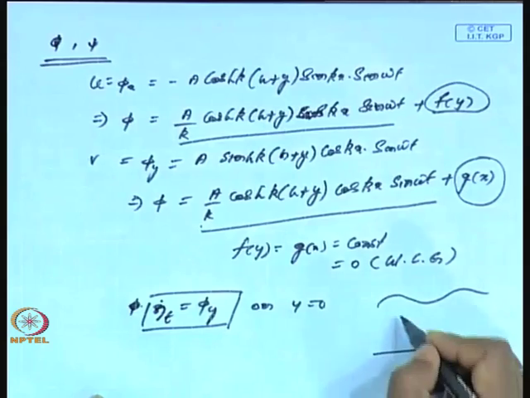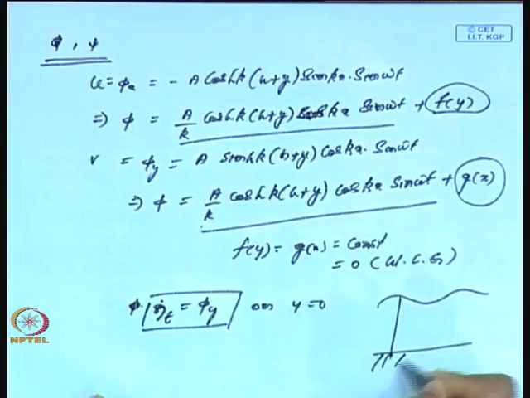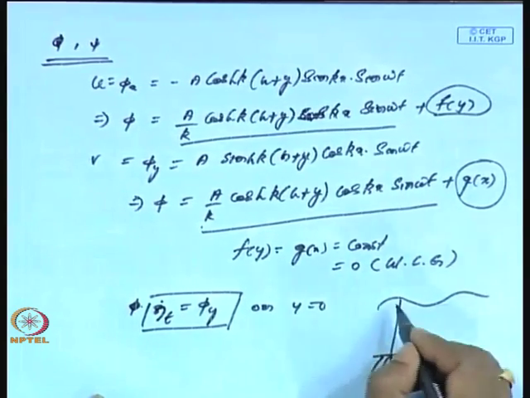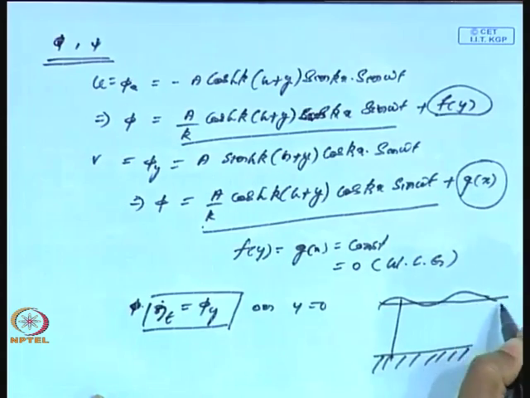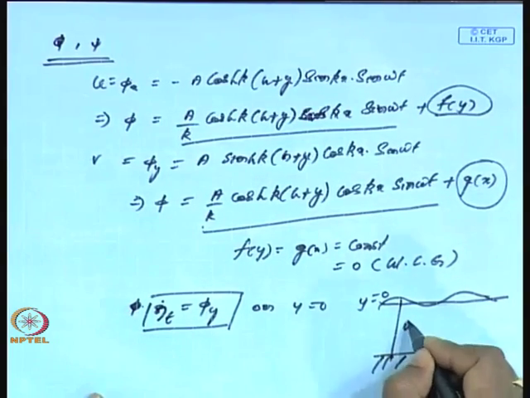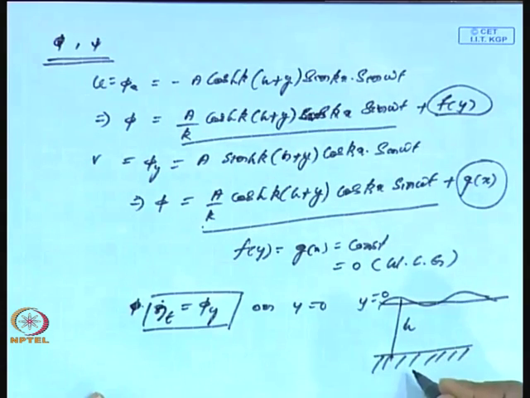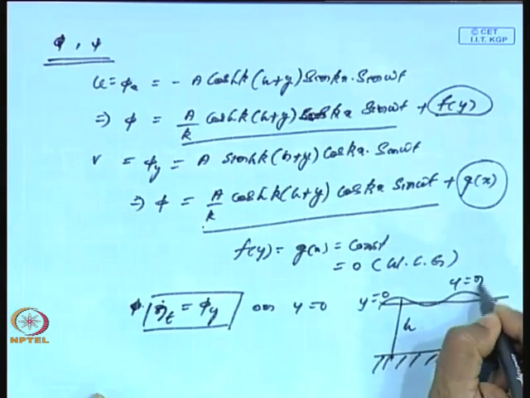Suppose this is the depth of water, and this is the mean free surface, y equal to 0, and then the free surface is y equal to eta of x, t.